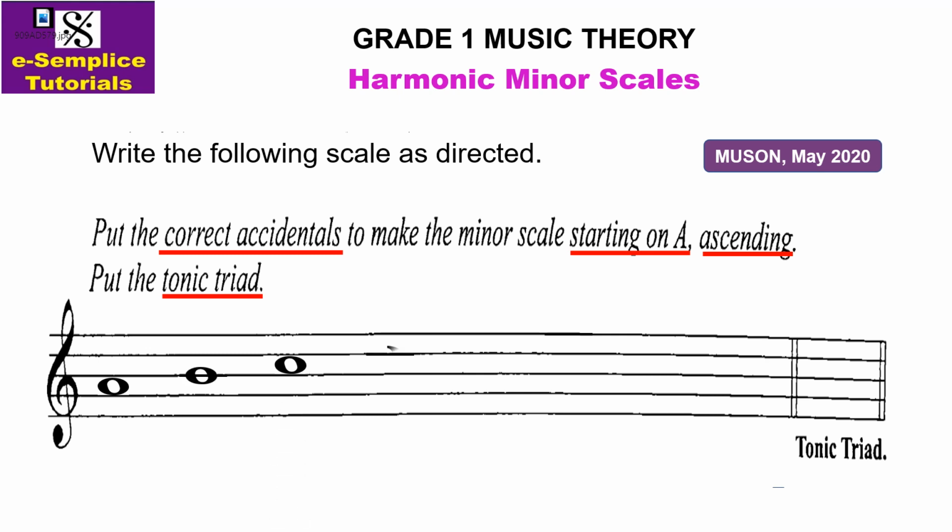Do not omit any line or space, and that will take you to another A. Ensure you have 8 notes. Now that is my 8th note. You see, my starting note is A, my last note, which is note 8, is A. So it's an ascending scale 1 to 8 as usual.